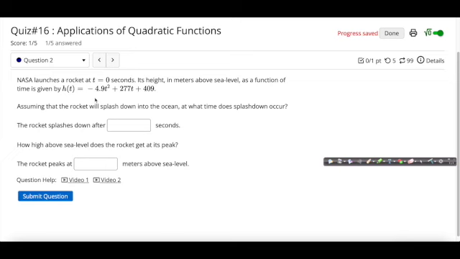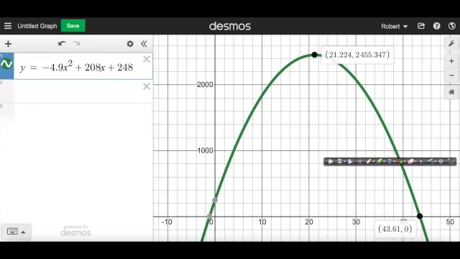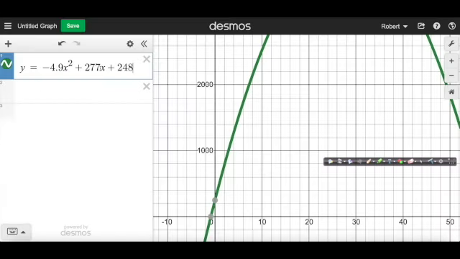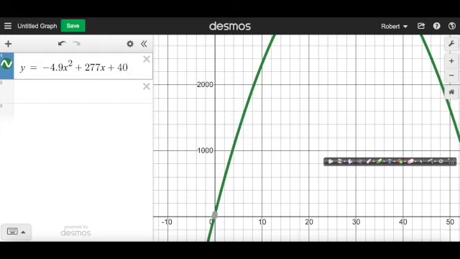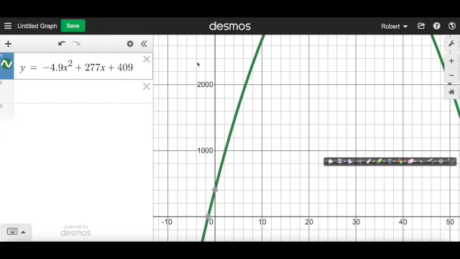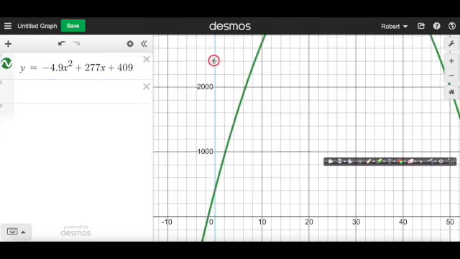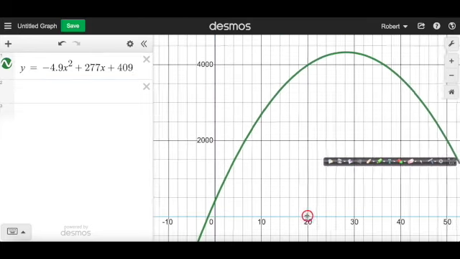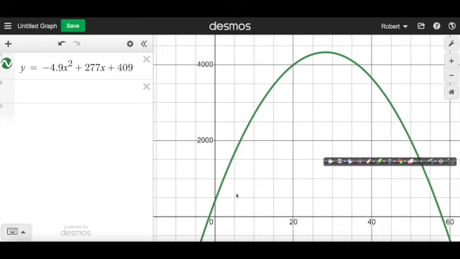And just change the details. So negative 4.9 stays the same. That's gravity. 277 now instead of 208. And 409 instead of 248. So 409. This is going to probably throw this off the screen, which it did. Remember also from the prior video that the shift key will drag it down to size, so you can see what you need to see here. I would make it so that I can see the right hand side too.